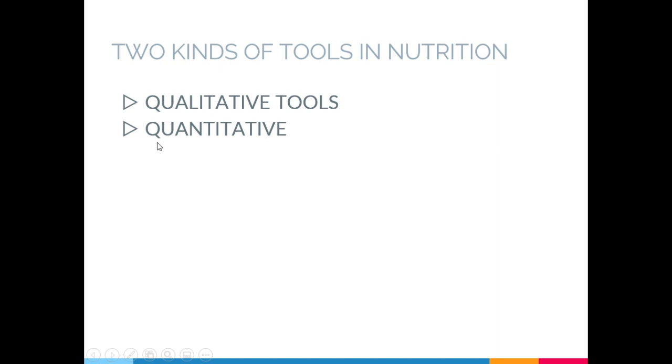With the use of quantitative tools, we may have to perform several calculations, which is very important in making sure that the meal plan that we are going to prescribe for that patient corresponds to their needs. Let's proceed first with the different qualitative tools.